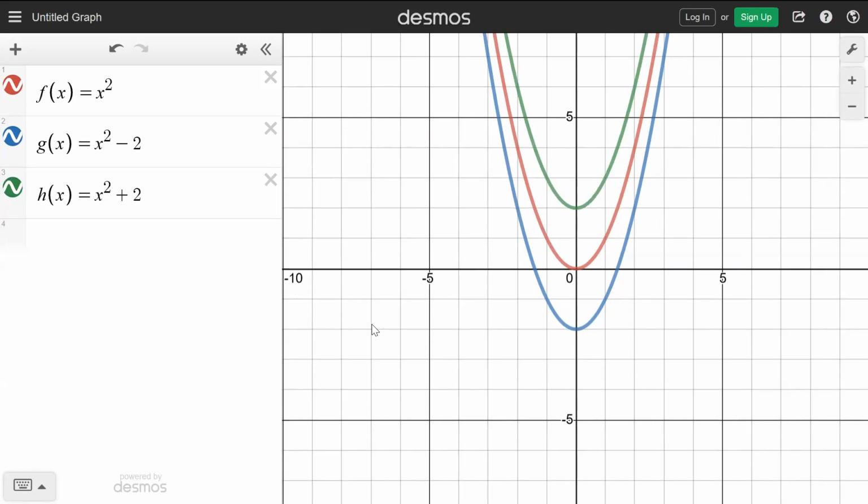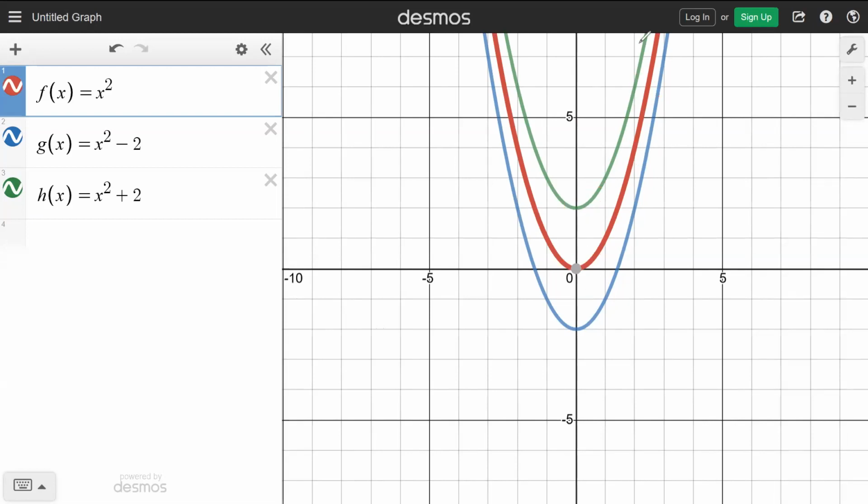Well, now it looks like everything got moved up 2 units, right? So again, this point here moved up to here. That point that was (2, 4) is now at (2, 6). Okay, so everything got moved up 2 units.